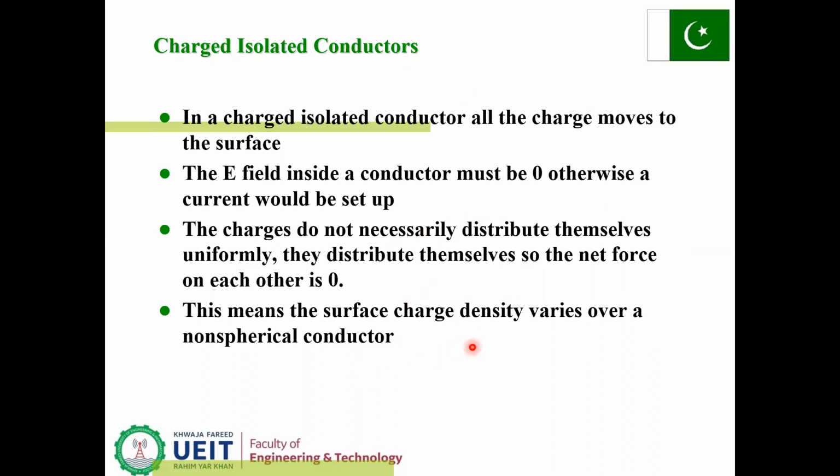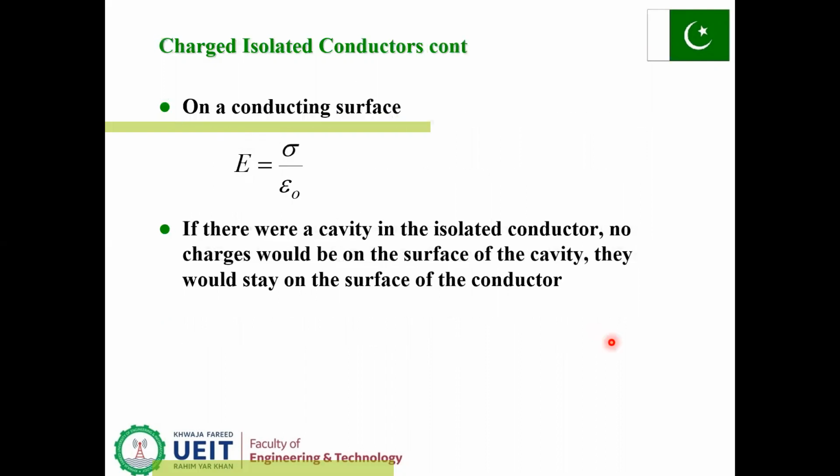This means the surface charge density varies over a non-spherical conductor. On a conducting surface, the electric intensity E is equal to sigma divided by epsilon naught, where sigma is the surface charge density. If there were a cavity in the isolated conductor, no charges would be on the surface of the cavity. They would stay on the surface of the conductor.